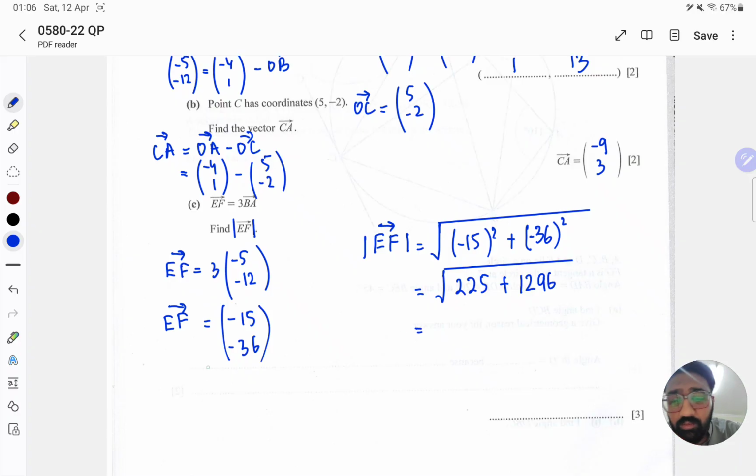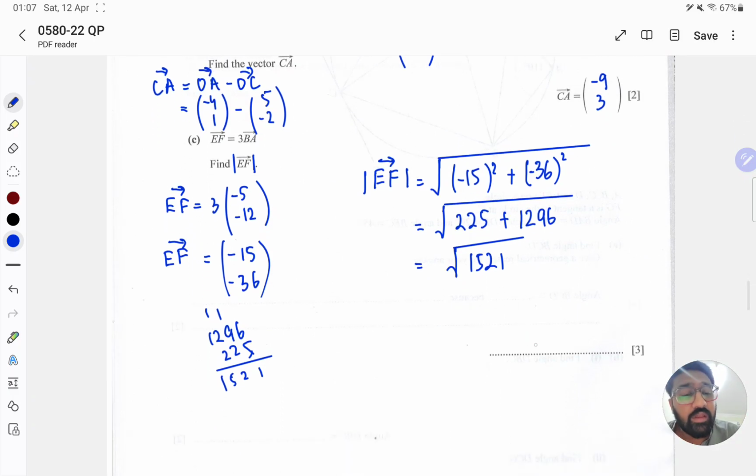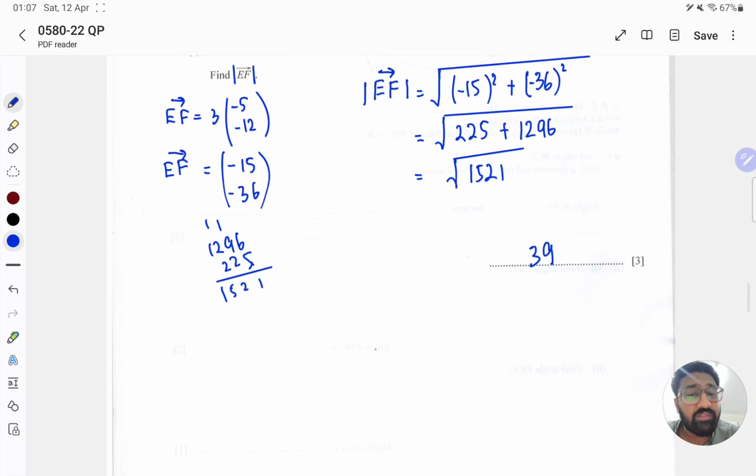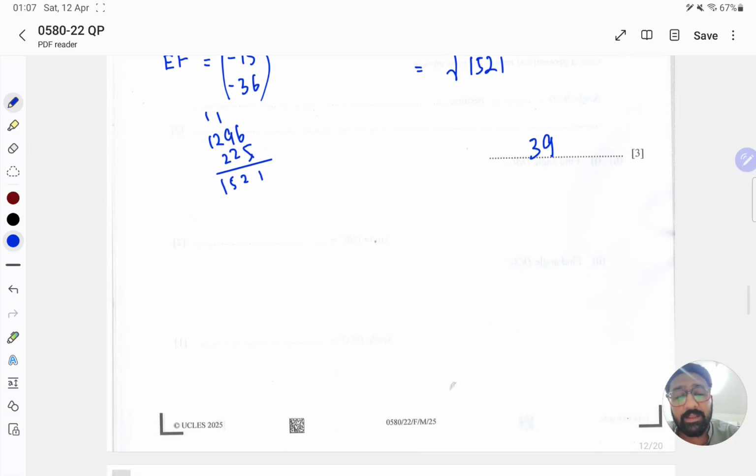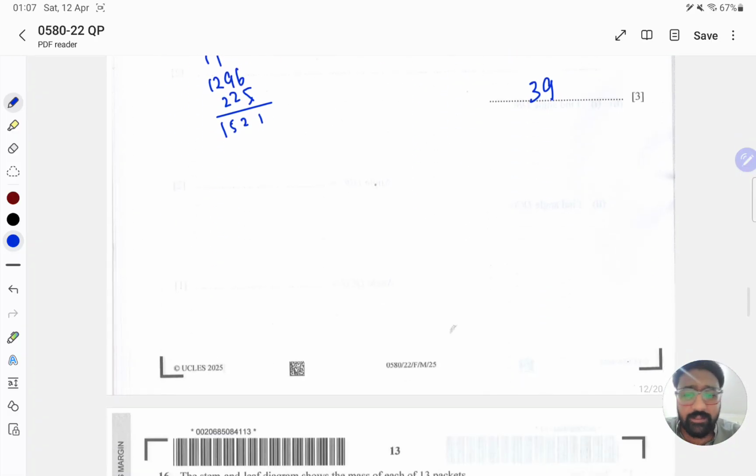If I add them, 1296 and 225, it will be 1521. It's square root of 1521. So the square root of 1521 you should be knowing about, that is 39. So 39 square is 1521, and square root of 1600 is 40. Similarly, that is not required here.